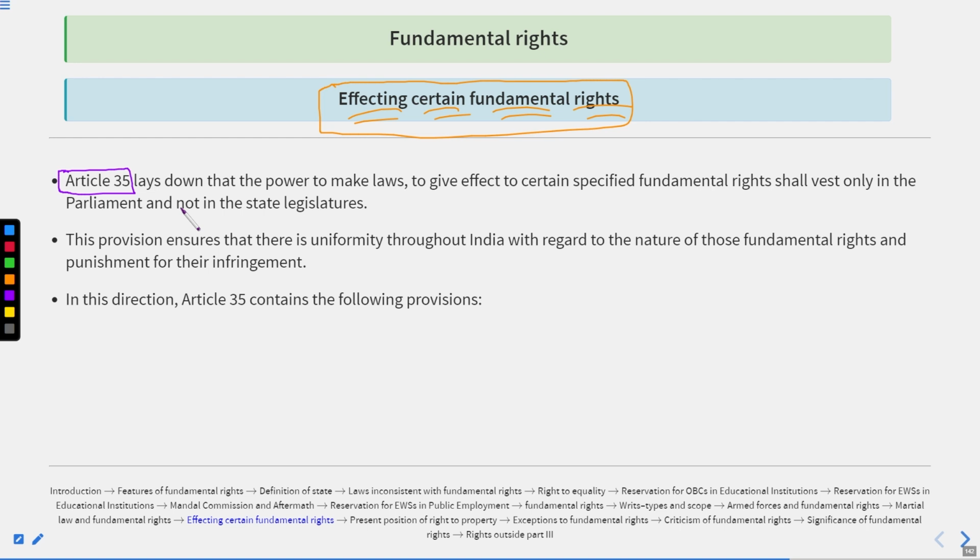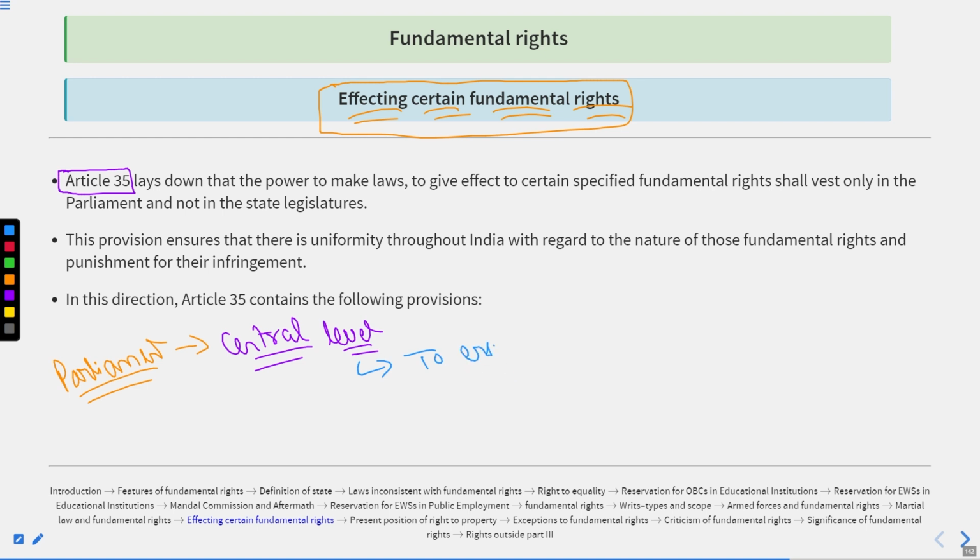So whenever any particular law is made to affect the fundamental rights, the power is granted to the Parliament, at the central level.